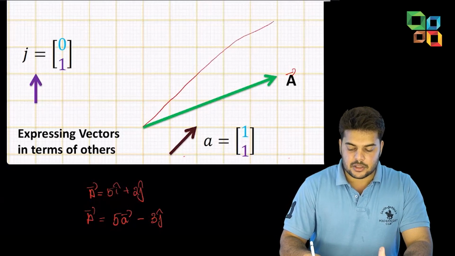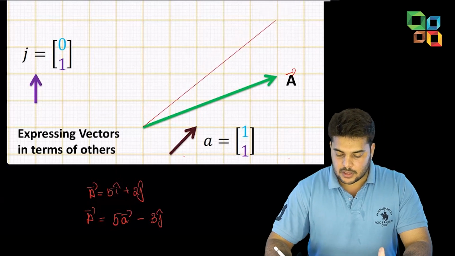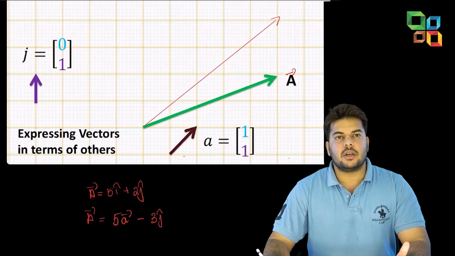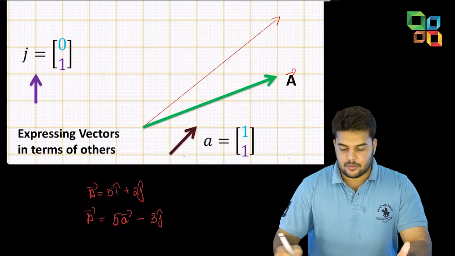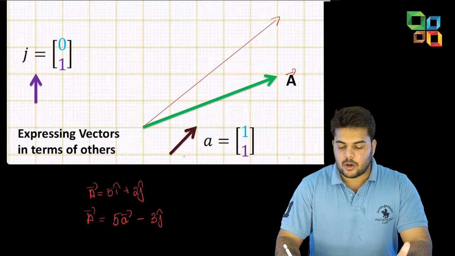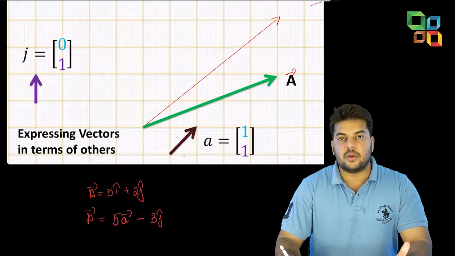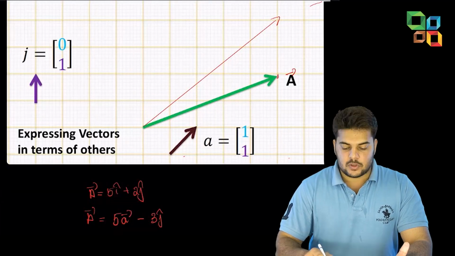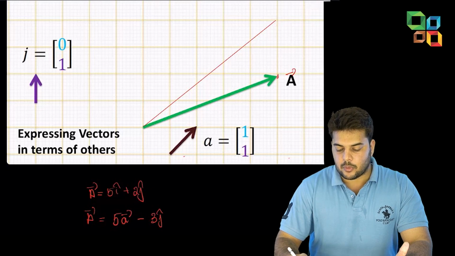I cannot change my direction here. How many a vectors have I obtained now? 5, right? Why did I draw till there? Because if I go too far, then I can't get to A. I have to get back to this A. So I drew 5 of them because I basically wanted to get to this point.